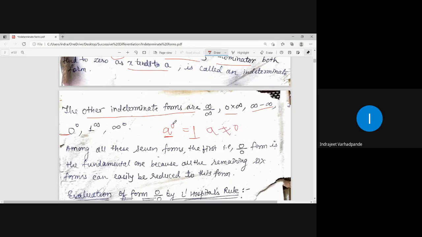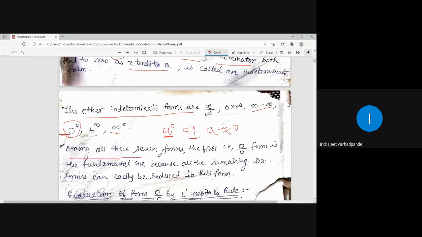I take 2 to the power 0 is 1, 1 lakh to the power 0 is 1, but that a should not be 0. That is the condition. But here 0 to the power 0 is identified as an indeterminate form. 1 to the power infinity is also an indeterminate form. Infinity to the power 0 is also an indeterminate form.